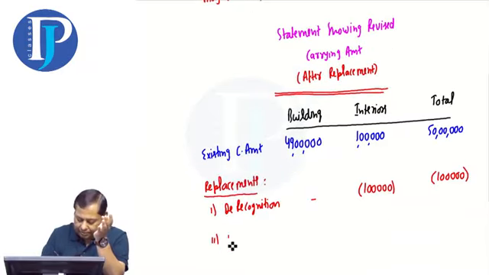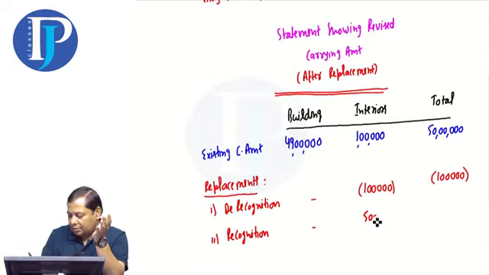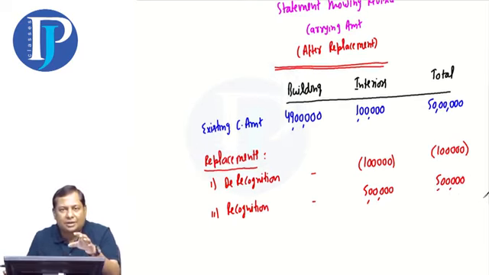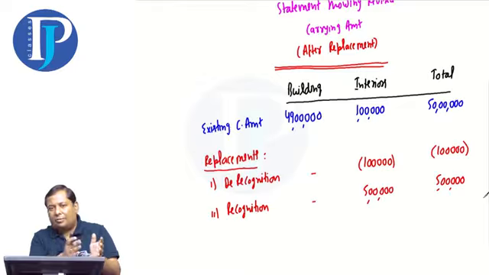Now do recognition. ₹5 lakh will be added. The presentation of the answer creates confusion, as it seems like it's being added or subtracted, but it's not. This is a shortcut presentation.